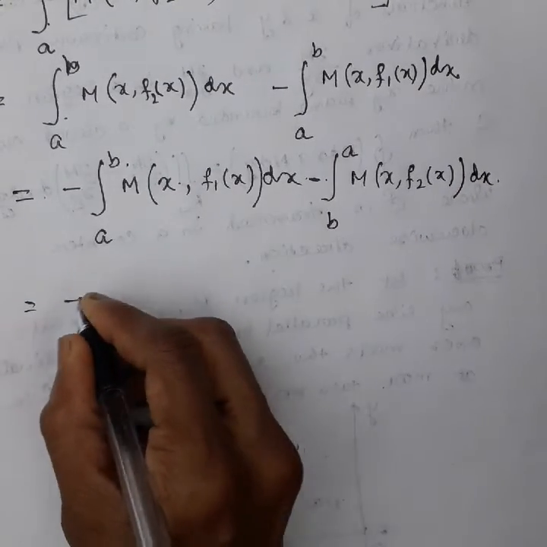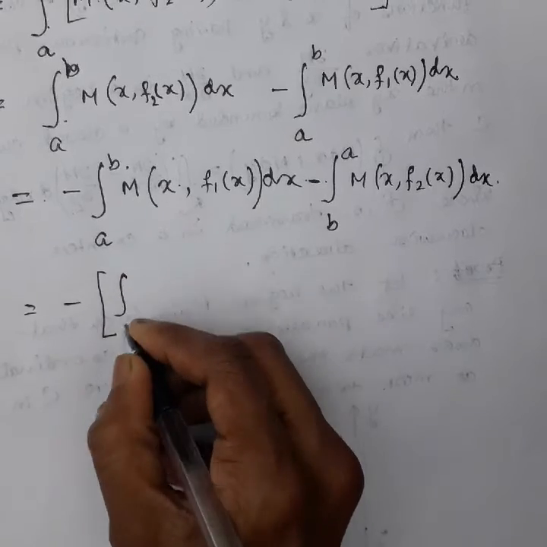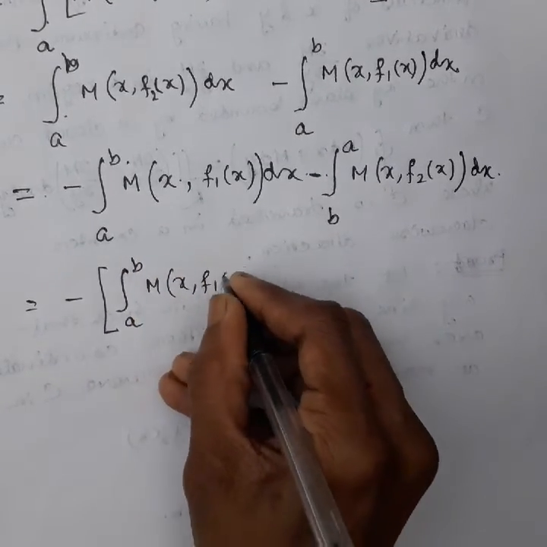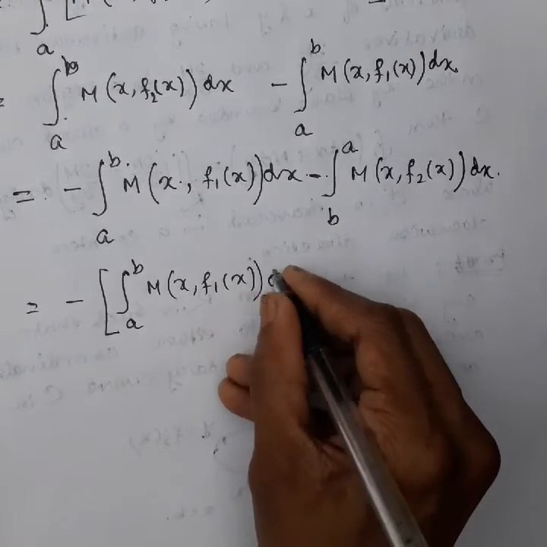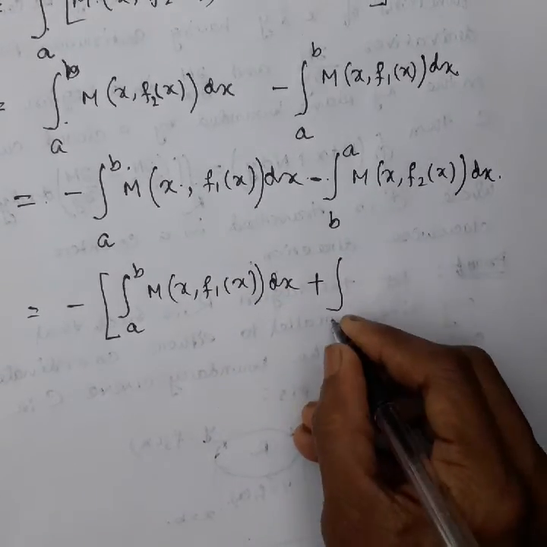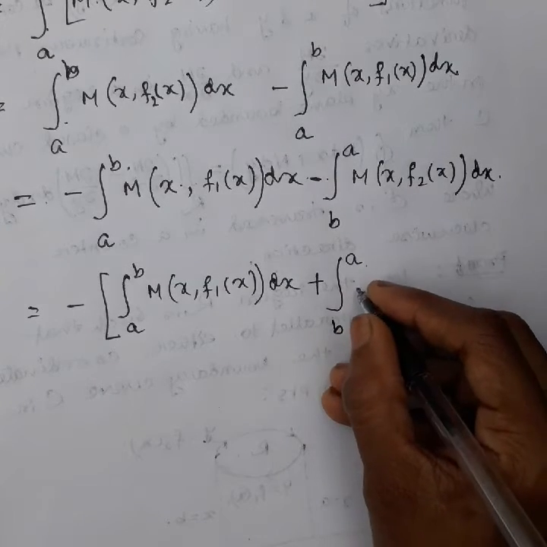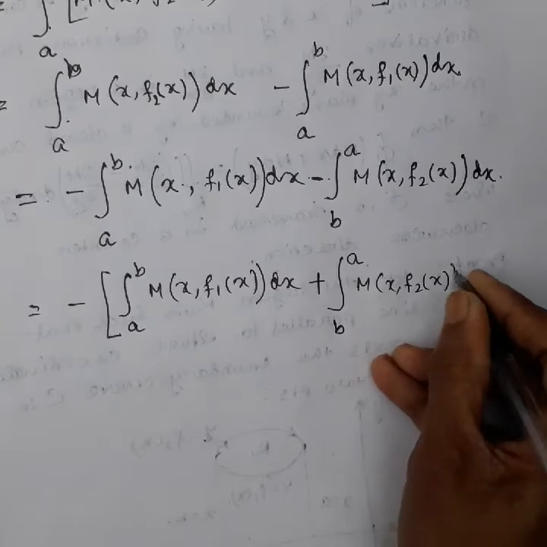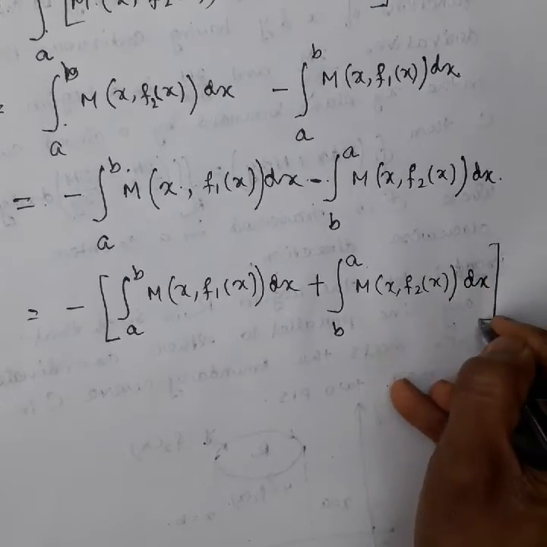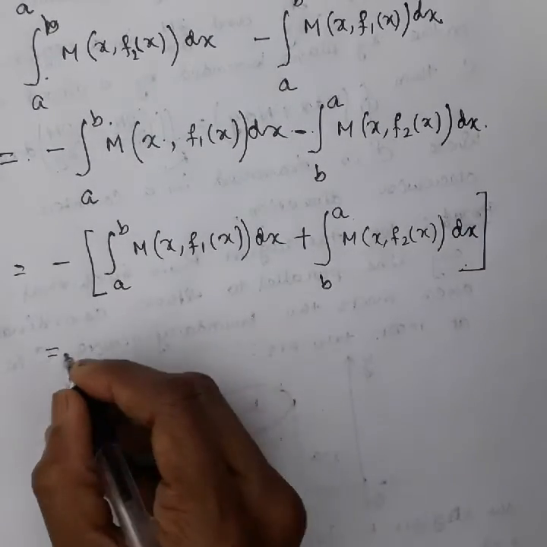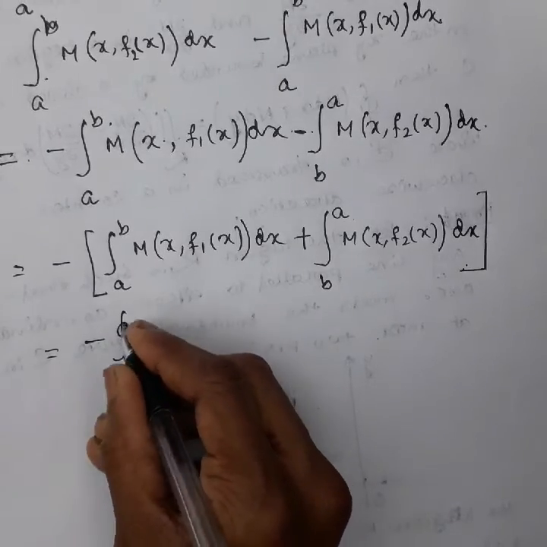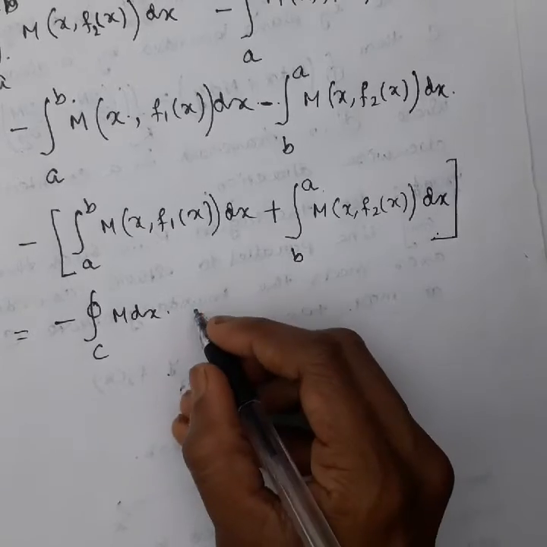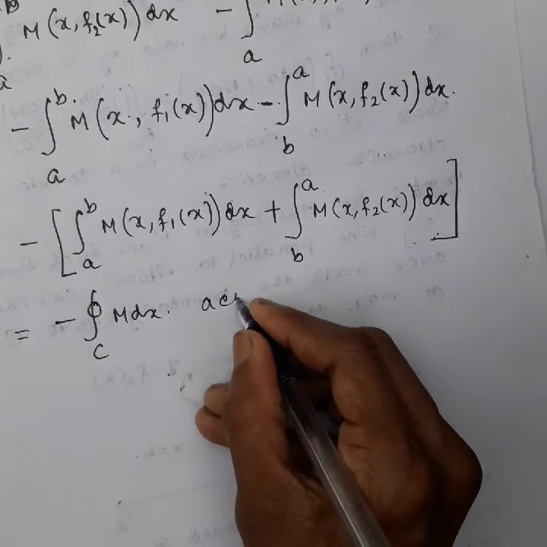So this is minus of the integration from a to b of M(x, f1(x)) dx plus the integration from b to a of M(x, f2(x)) dx. That is equal to minus the integration around C of M dx, according to the definition of line integral.